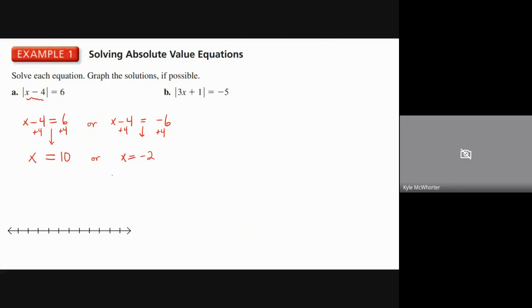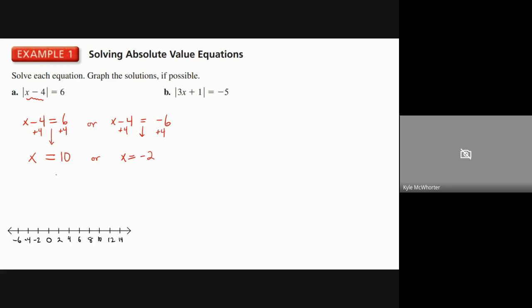So now it says to graph the solutions if possible. The only way we can graph these is on a number line. So x equals 10 or x equals negative 2. I'll say this is 0, and I'm going to count each one of these as 2. So 2, 4, 6, 8, 10, 12, 14, and negative 2, negative 4, negative 6.